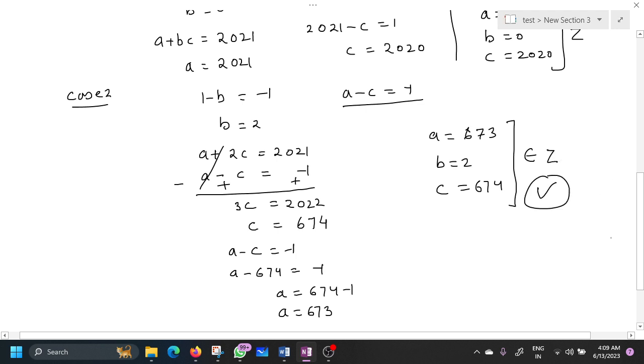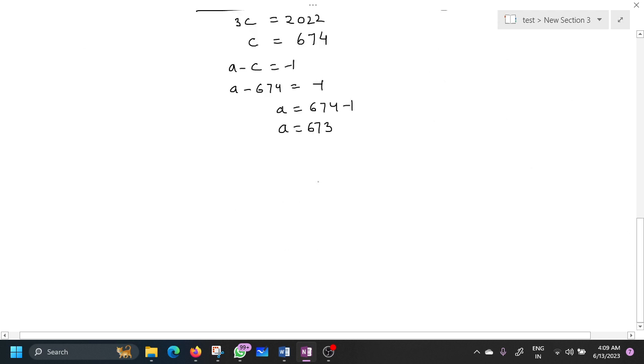Okay, so we got two valid solutions. Now let's talk about third case, case 3. And case 3 is I1 into I2 will always give you 1 in case when I1 is a reciprocal of I2.